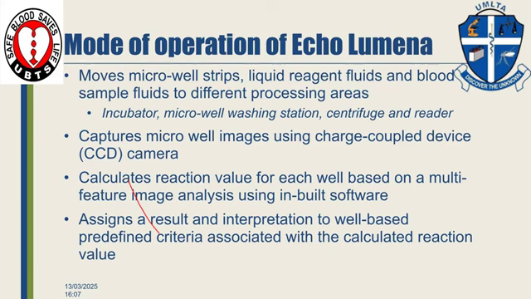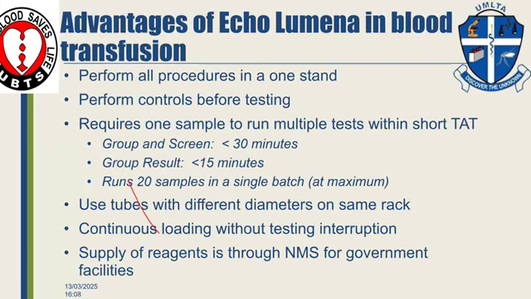Yours is to feed in the reagents, feed in the samples, then you command all the procedures to take place and you wait to read the results. Now, why should we go in for a columnar machine in blood transfusion? First of all, it performs all procedures in one placing and it continues.